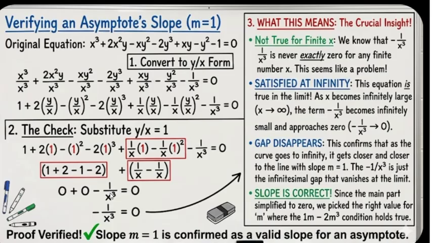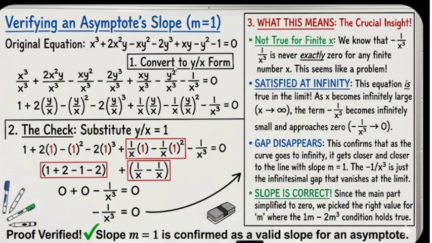Therefore, y is equal to mx plus c is going to become an asymptote, because at x tends to infinity, y is equal to mx plus c becomes a slant asymptote, means the coefficients almost satisfy the equation as x tends to infinity.